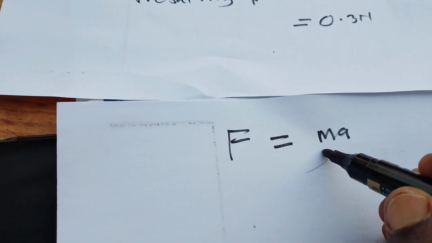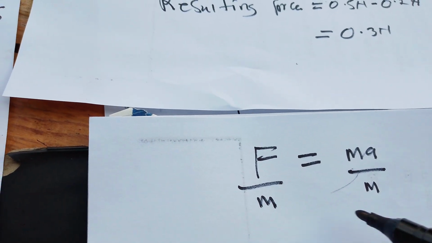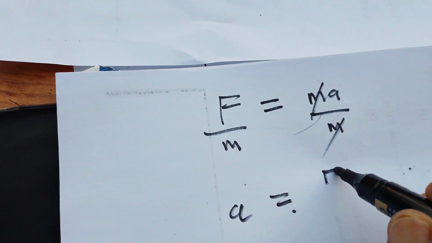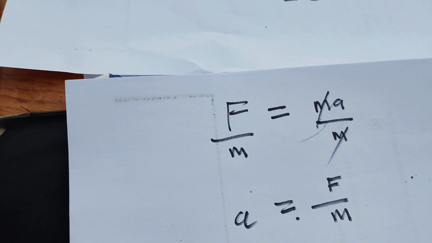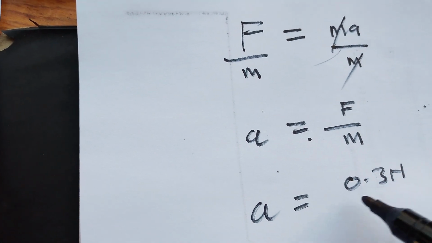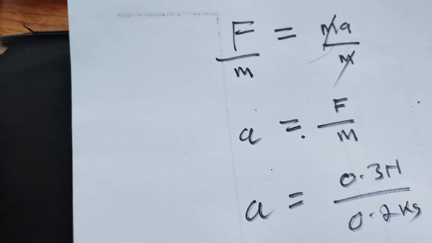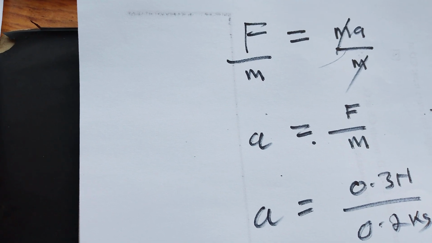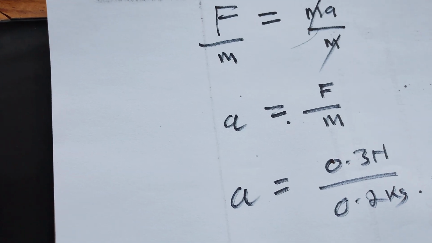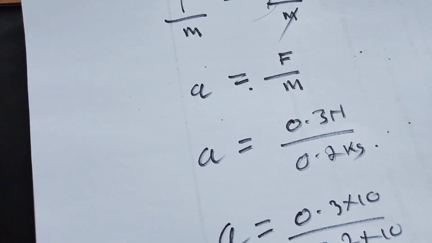We can make a the subject of the formula, so divide by m on both sides. That gives us a equal to force over mass. So a is equal to the force, which was 0.3 Newton, over 0.2 kg. So a is equal to 0.3 times 10 over 0.2 times 10.